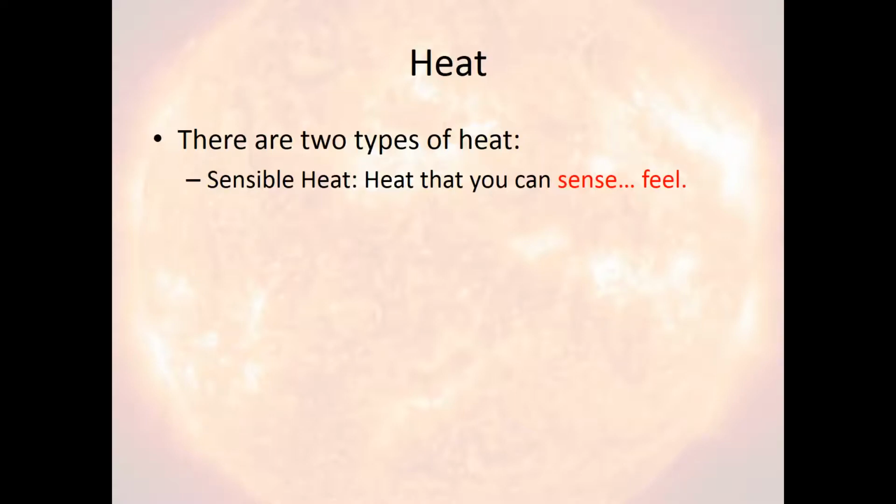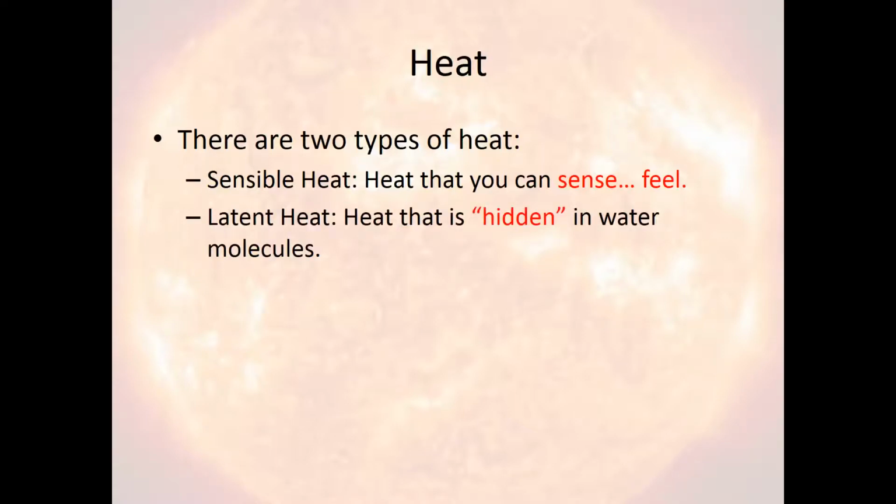Another type of heat that is more hidden is what's called latent heat. To understand latent heat, we have to understand a little bit about phase changes in water. Water exists in three different phases. It could either be gas, which is water vapor, liquid, which is just the liquid water that you pour out of your faucet, and ice, solid water.